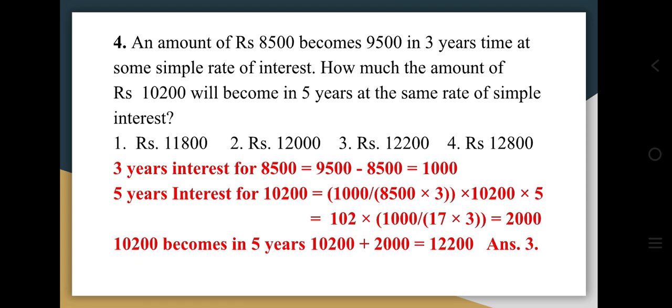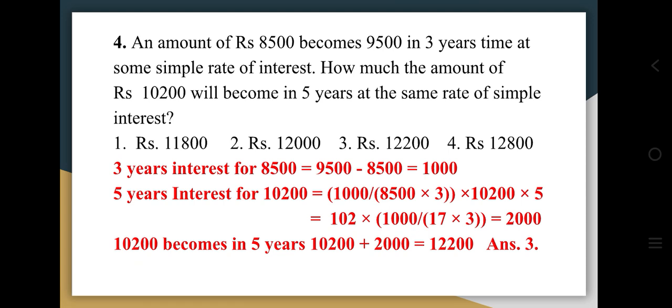So if you simplify, you can see it is 102 into 1000 divided by 17 into 3, but 17 into 3 is 51.